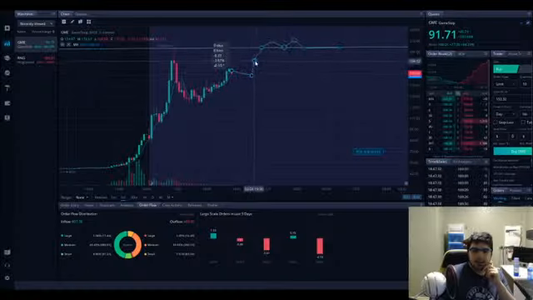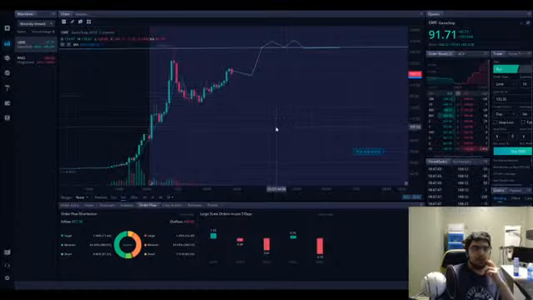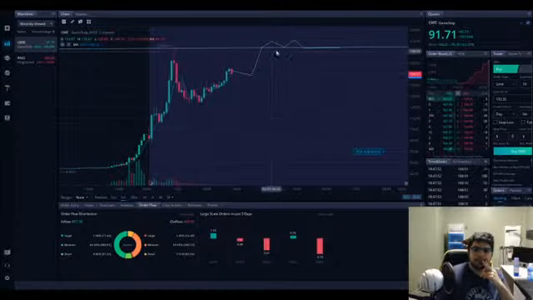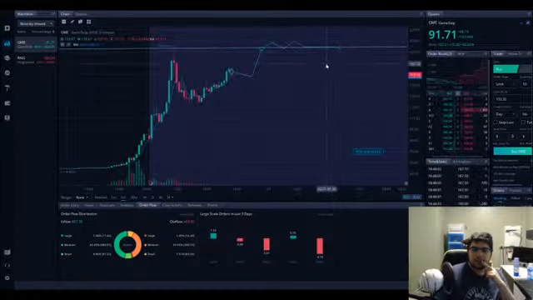But if it doesn't go up, the cup and handle, it could always drop. Technical analysis is not a guarantee. You can trade flat a little bit above 200. Okay.